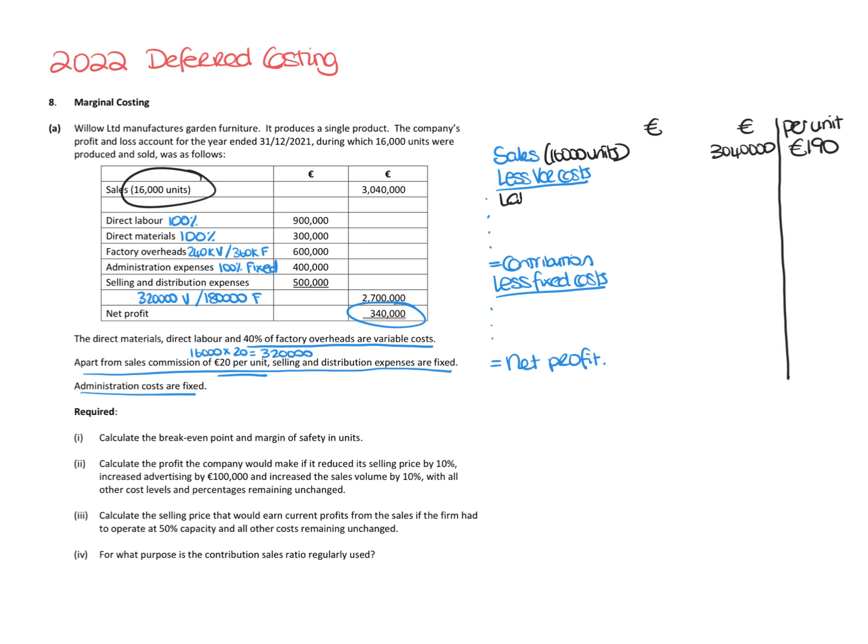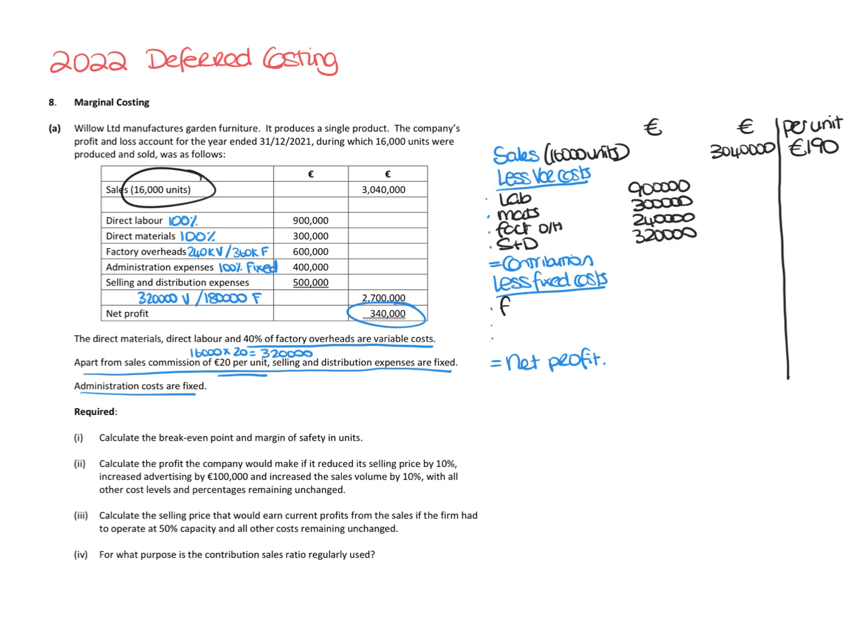Now, my labour, 900,000, that is all variable. My materials, that's all variable. My factory overheads, 240,000 of that is variable. And then my selling and distribution, 320,000 of that is variable.